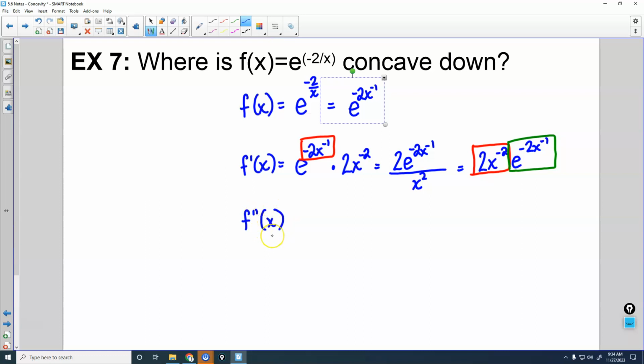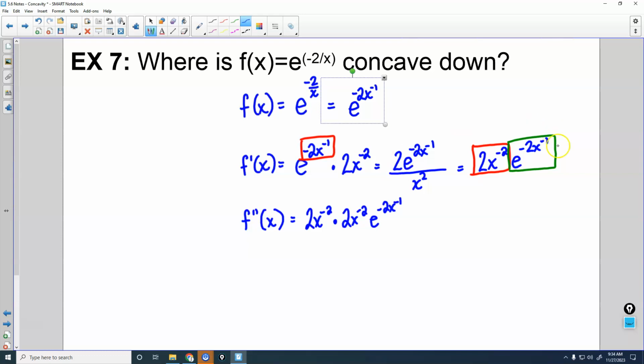So if I take the second derivative, got to use product rule here. So I've got 2x to the negative 2 times the derivative of e to the negative 2x to the negative 1. That is just what we just did, right? We just took the derivative of that. So you could just copy this down again, 2x to the negative 2 e to the negative 2x to the negative 1.